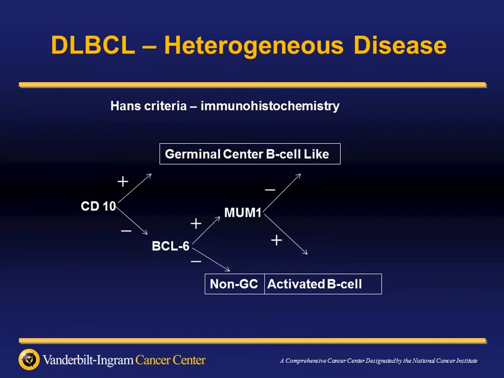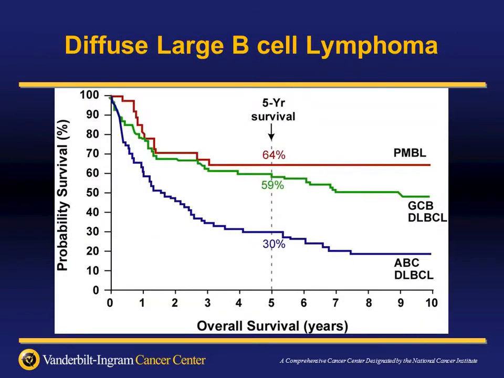This is an important distinction because by genomic profiling, we have at least 3 different and probably 4 or 5 different types of diffuse large B-cell lymphoma, with the primary mediastinal B-cell lymphoma having the best survival. And these patients, when you look at genomic profiling, they share the same genetic data as Hodgkin lymphoma, so a lot of clinical overlap as well as genetic overlap.